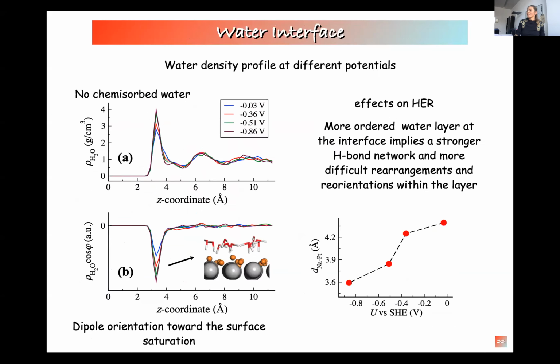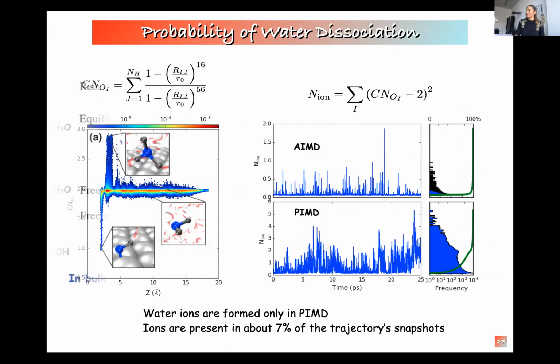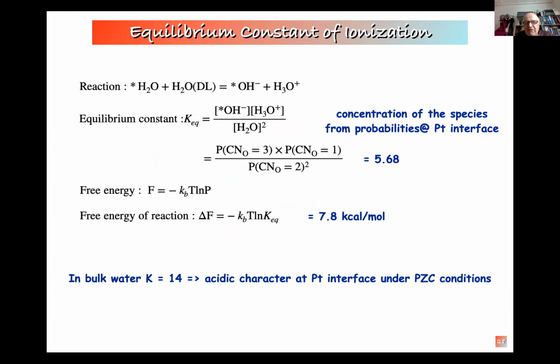So effectively, the equilibrium constant here is 5.7, corresponding to a free energy difference of about 7.8 kcal. So from this simulation, one can extract a sort of acidity from these numbers.